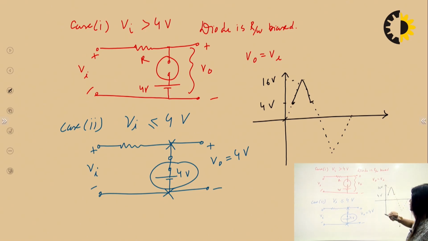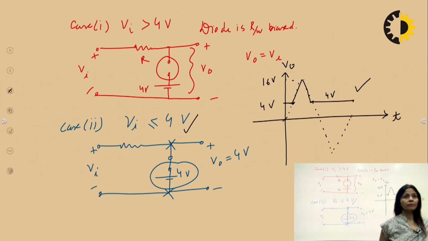Above 4 volt. And less than 4 volt, for this particular part of the waveform, the voltage is constant. And this is the answer. Okay, this graph is for output voltage, and this is x-axis. Always mention the axis, make the waveform correctly, and then you can proceed in this way.